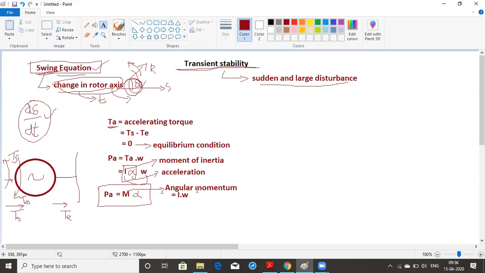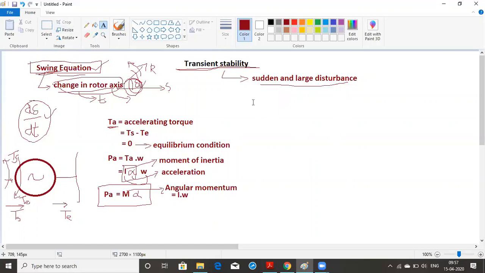So I into omega, in terms of angular momentum, is the product of moment of inertia and the angular velocity. Therefore, we write it as m into alpha, because I into omega is m. So this is the accelerating power. We'll come to this point later.